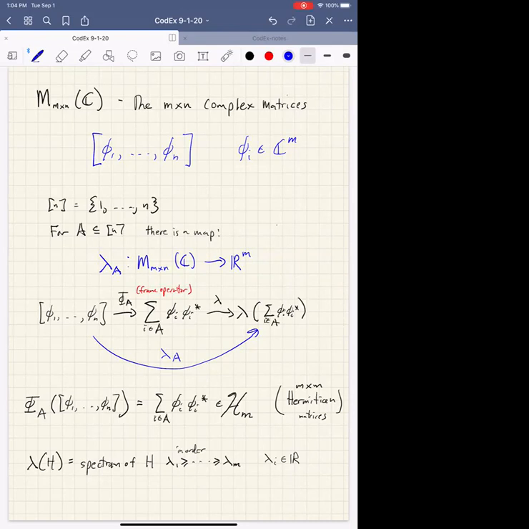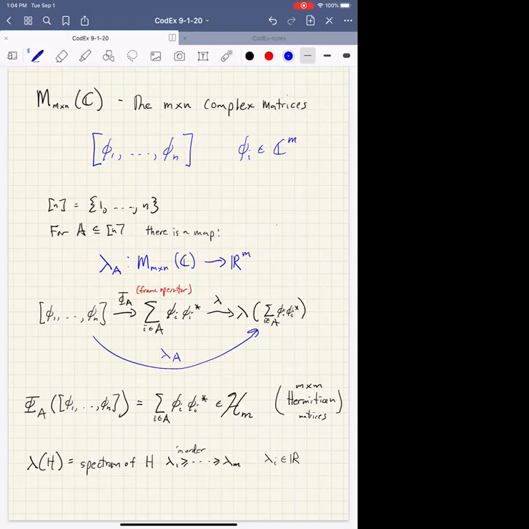We're going to define a map which takes this matrix, turns it into another matrix, and then takes the spectrum of that matrix. The first step in this map is to apply the frame operator to this m by n matrix. We take each column vector and multiply it by its conjugate transpose, and then sum all of those up.